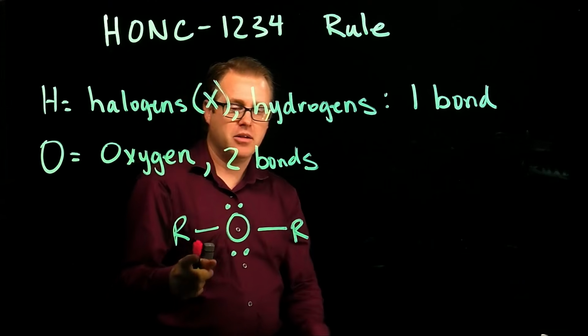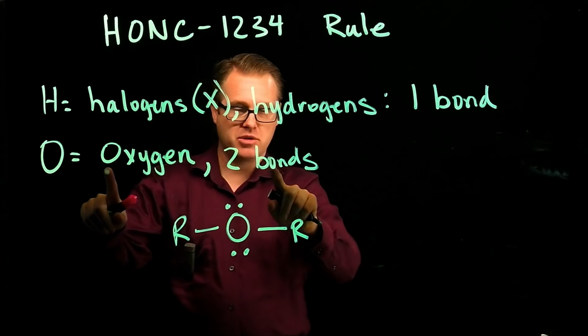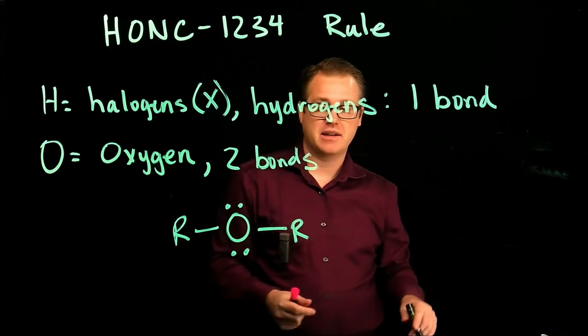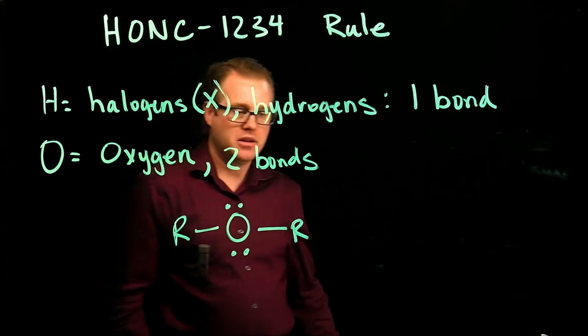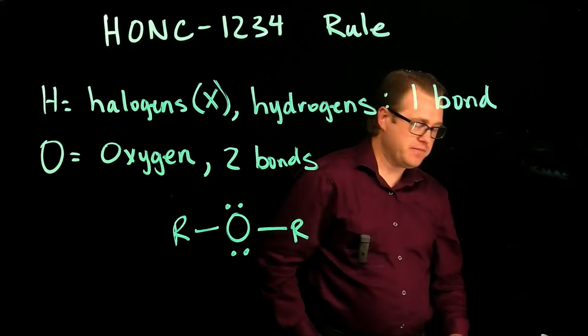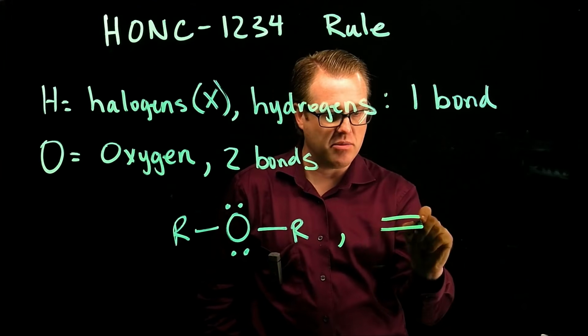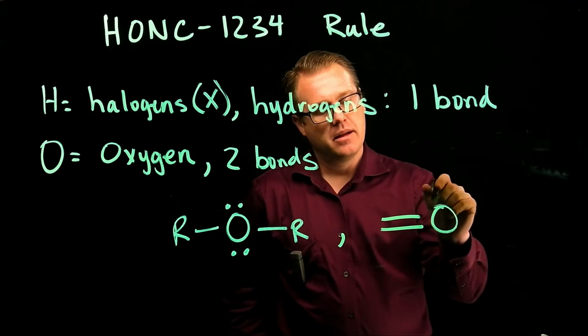Why? Because the HONK rule states that oxygen atoms form 2 bonds. There's our 2 bonds. But it also needs to fulfill the octet rule. So 2, 4, 6, 8. So that's a valid structure. We can also have an oxygen atom that looks like this, a double bond to that oxygen atom.